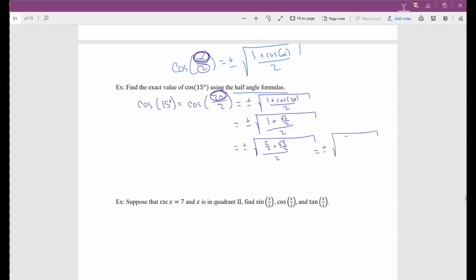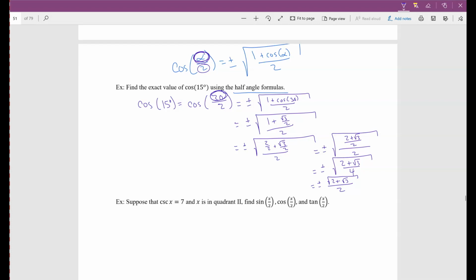So the top part is 2 plus square root of 3 over 2, and all of this is divided by 2. It gives me plus or minus square root of 2 plus square root of 3 over 4. You can always continue reducing it: the top part is square rooted, so you have the square root of 2 plus the square root of 3, divided by 2, because the square root of 4 is 2.